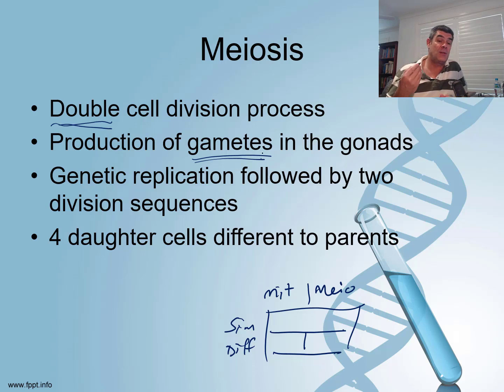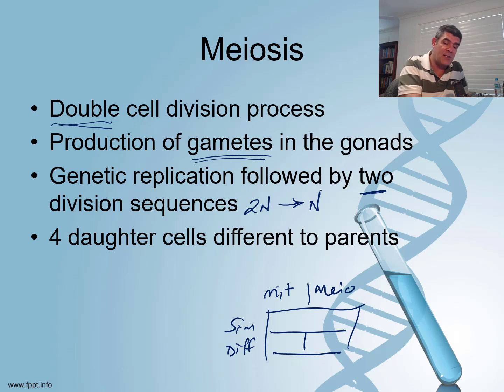The genetic material is replicated, just as it is for mitosis, but this time we have two division sequences, which means our diploid number of 2N chromosomes is reduced to just half that, N chromosomes, in the gametes.